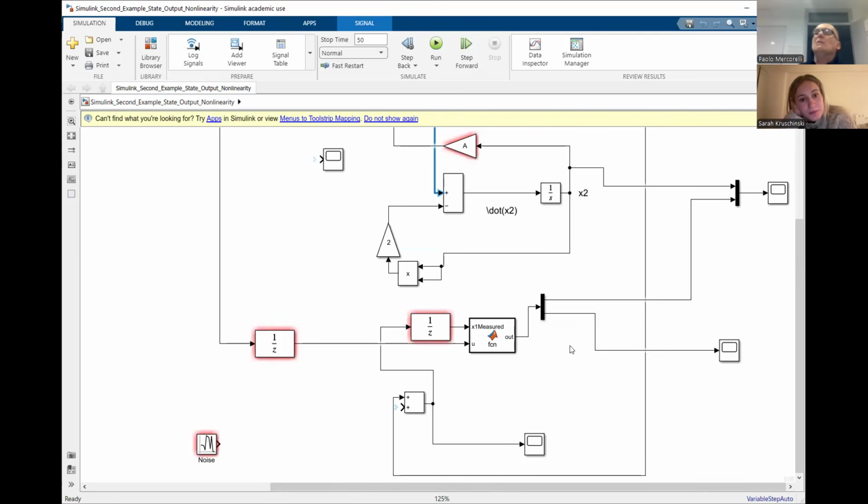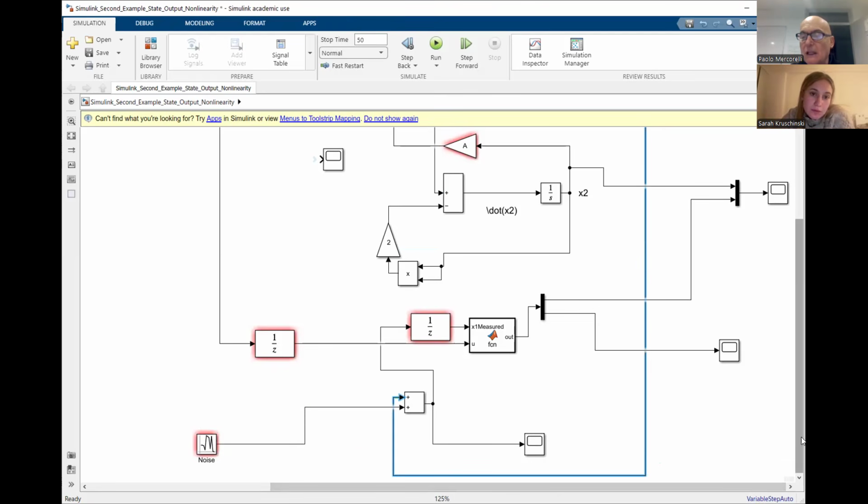I already presented this embedded form. Okay, let me go inside. Yeah, we have noise. Could be done, could be not done. To test, typical is there. No, typical is there because we measure x1.